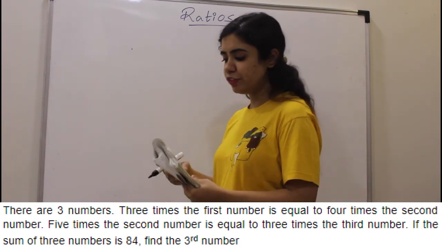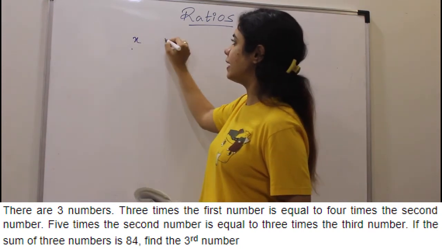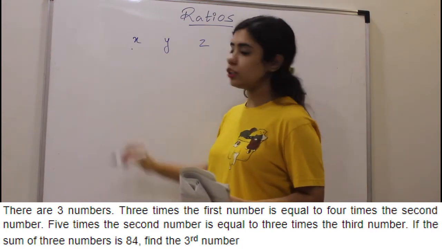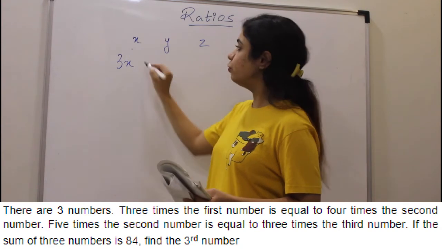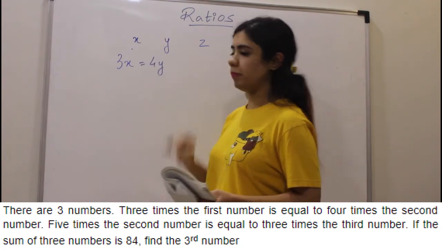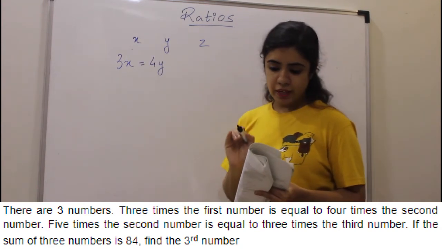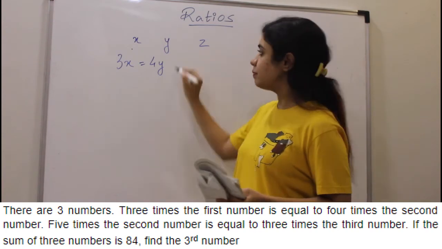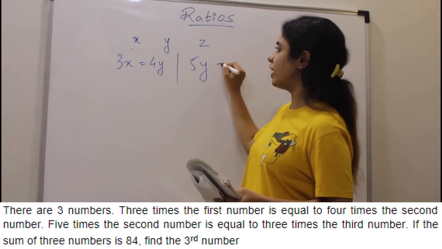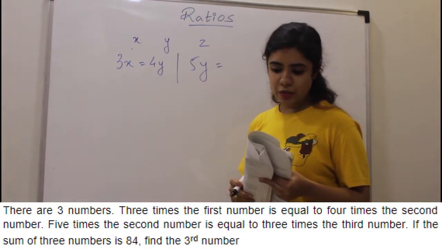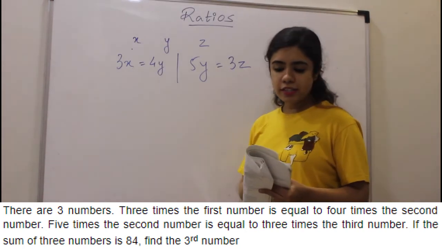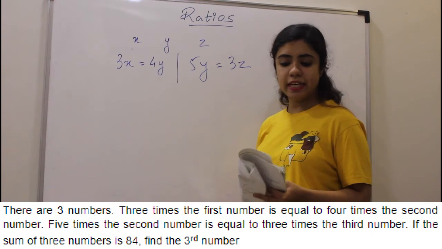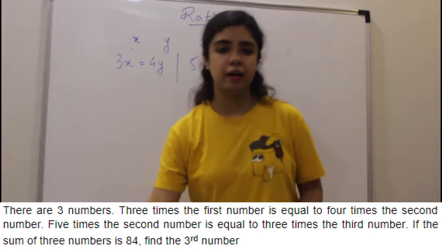Let the 3 numbers be x, y and z. 3 times the first number is equal to 4 times the second number. This is the first condition. Then 5 times the second number, that is 5 times y, is equal to 3 times the third number. They're also saying the sum of these numbers is 84. Find the third number. Okay?